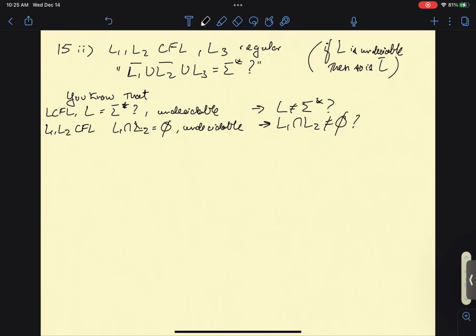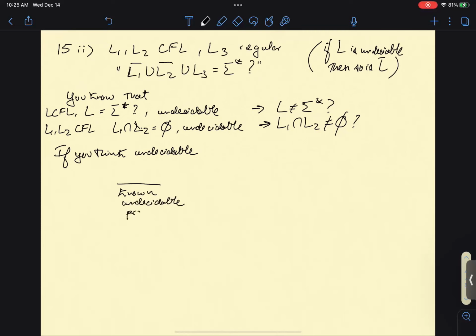So if we go back to this question, the idea in all these questions is, if you think it's undecidable, then you want to do something like take a known undecidable problem and reduce it to the problem in the question.